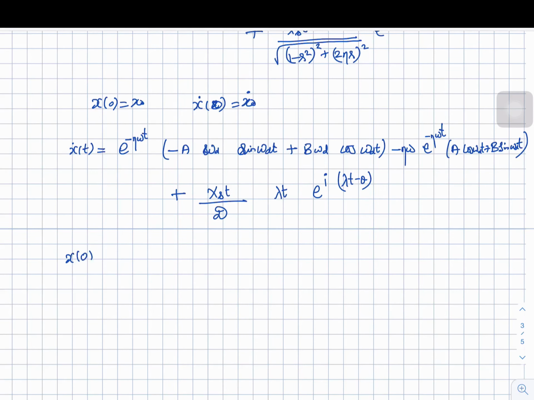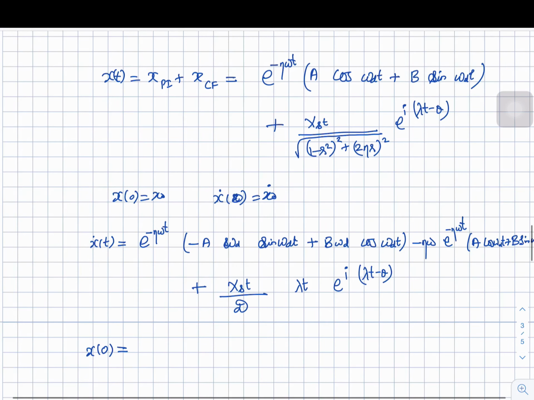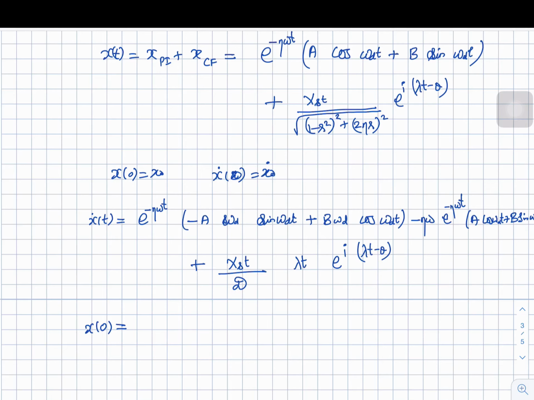So let's find x of 0 equal to A, B becomes 0, plus x_st divided by D into, when lambda t is 0, e power minus i theta will be there, right?